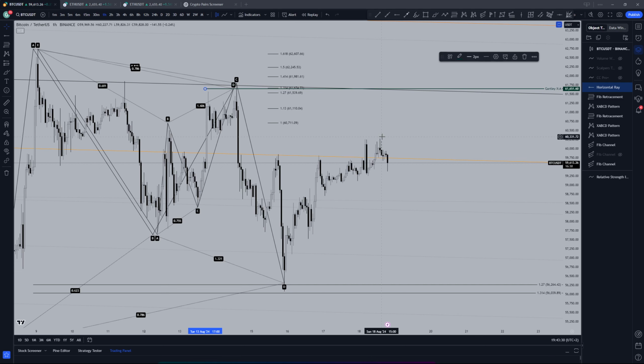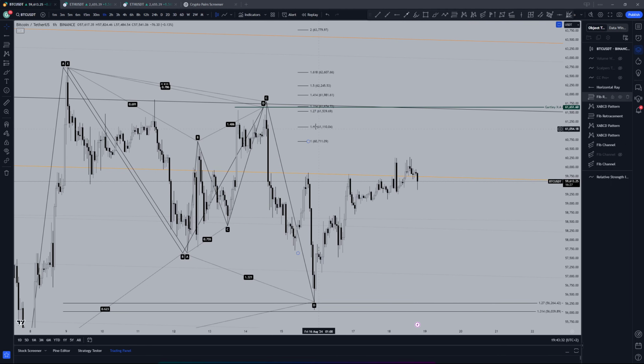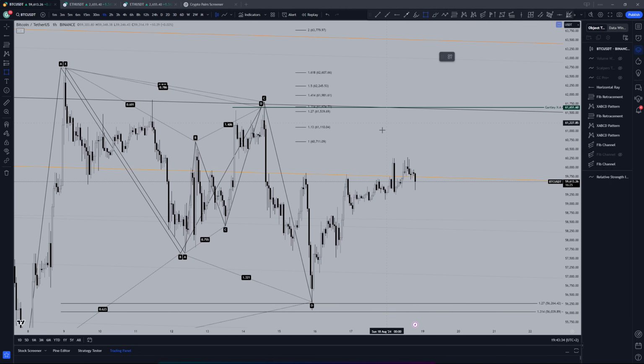In case you guys haven't noticed, by the way, I've started manually drawing my PRZs. The reason is that sometimes, for example with a bat, especially with a bat, but with Gartleys as well, and for butterflies, you'll have these PRZs that are really spread out.